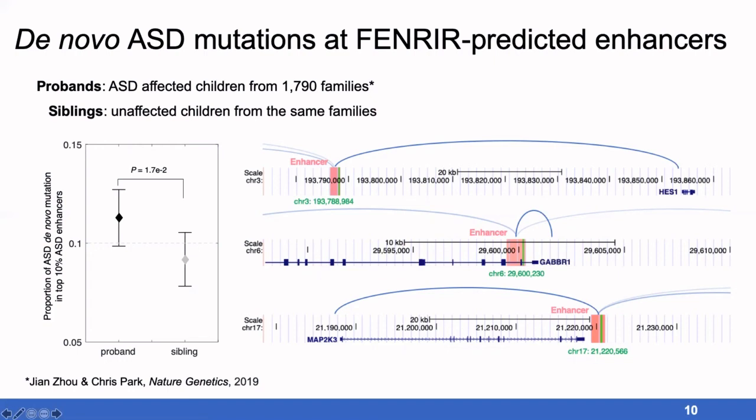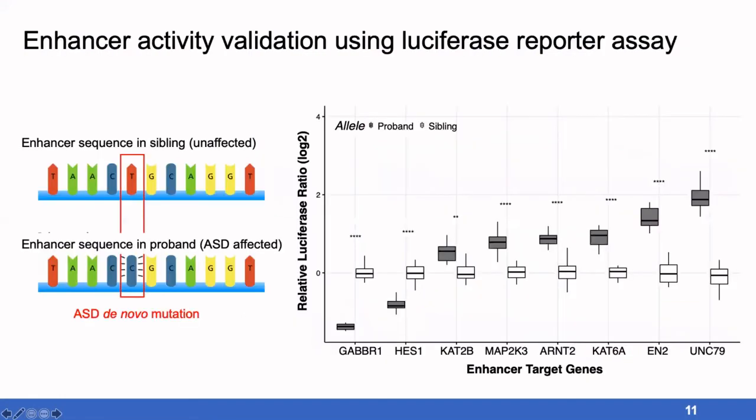And we select several enhancers to test. The first thing is whether the enhancer really carries regulatory activity, since it can be a false positive enhancer for sure, right? And also, if we observe a mutation here, comparing the proband allele and the sibling allele, whether we find differential regulatory activity. So we do the experiments. Let's say this healthy allele is not affected, and this is the proband allele with this mutated locus here.